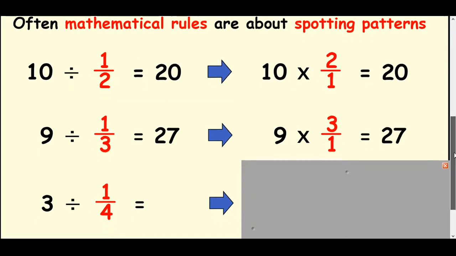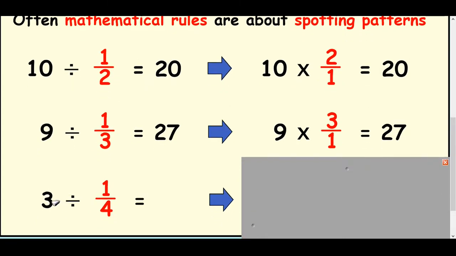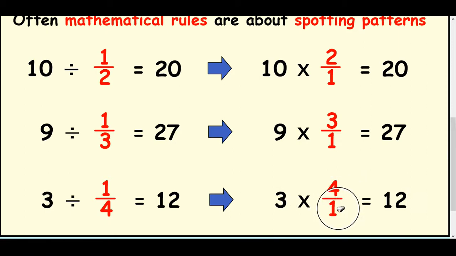And the last one here, how many quarters are in 3? Well, 4 quarters make up a whole. And you need 3 lots of those 4s, and that's 12. So essentially you're doing 3 times 4. But we can look at it this way, and we're kind of flipping the fraction over.